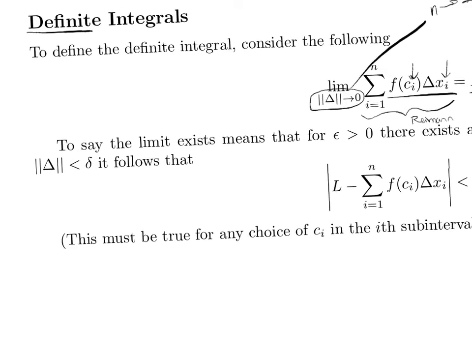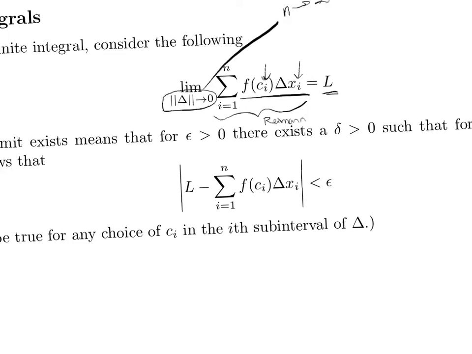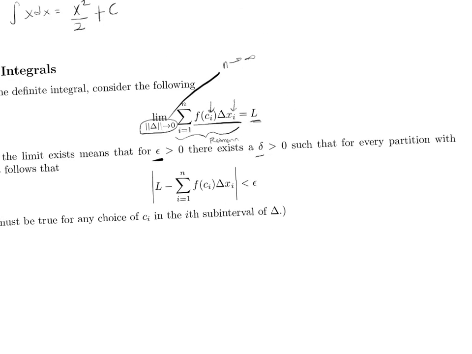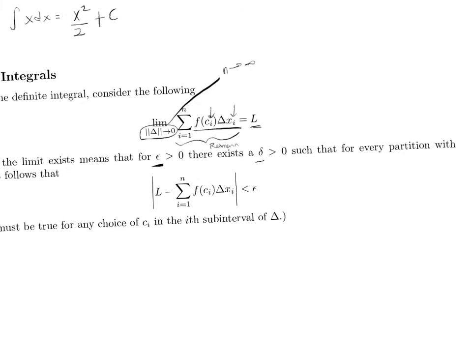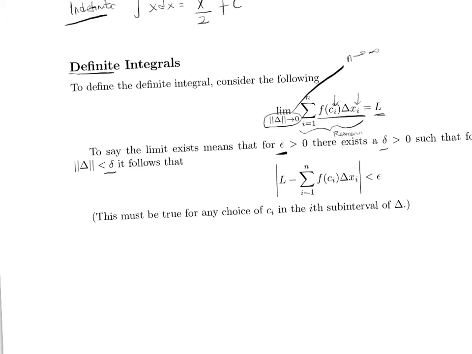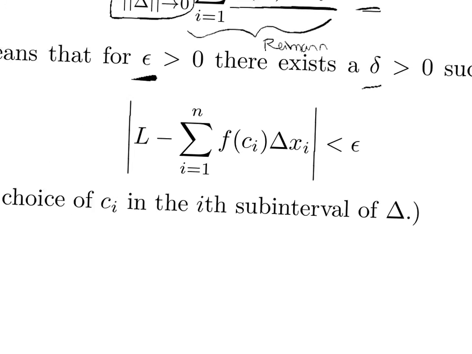To say that this limit exists means that if we have some very small number epsilon that's still greater than 0, there's another small number delta. Remember, this is from our limit definition of a limit. For any partition with a norm less than delta, meaning the biggest rectangle is smaller than some small number, we can set up this inequality, based on the definition of a limit.